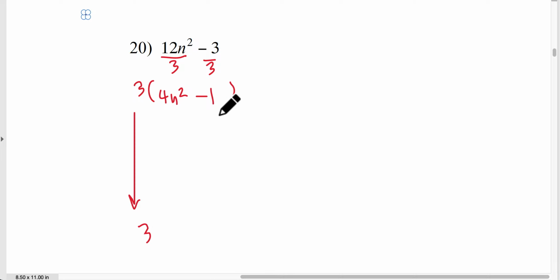I can do the same check for 1. My exponent is even, and I have subtraction, so I know I've got difference of perfect squares. So let's talk about the 3 things that we just checked for. First, we checked for perfect square numbers, right?